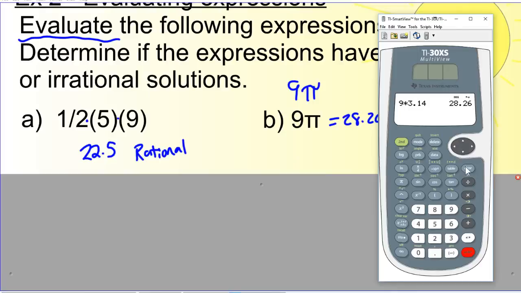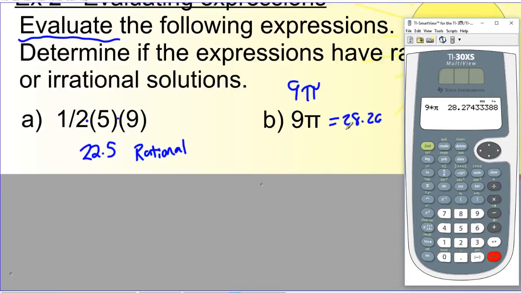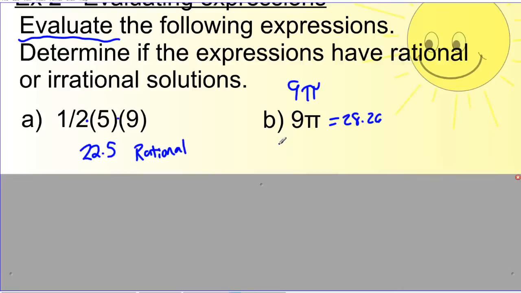So if we try this again using the pi button, 9 times, and the pi button's right here above this caret, pi equals. Now look at that. That's very different. Well, not very different. It's approximately close to this, 28.26, 28.27. They were close to the same value, but look at all these extra decimals. Doesn't stop, doesn't repeat. This, 9 pi, is an irrational number.